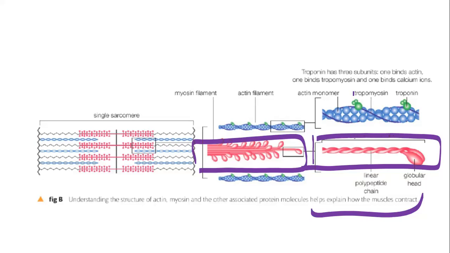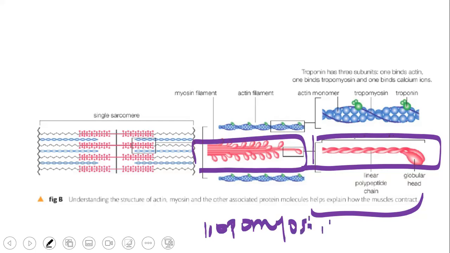There is another long chain of protein molecules that we call tropomyosin. Tropomyosin is going to wrap around the actin filament.